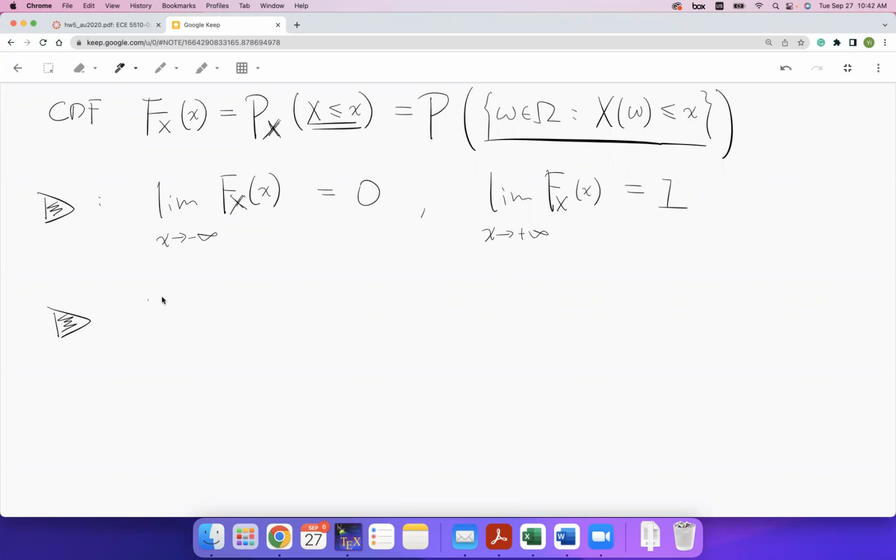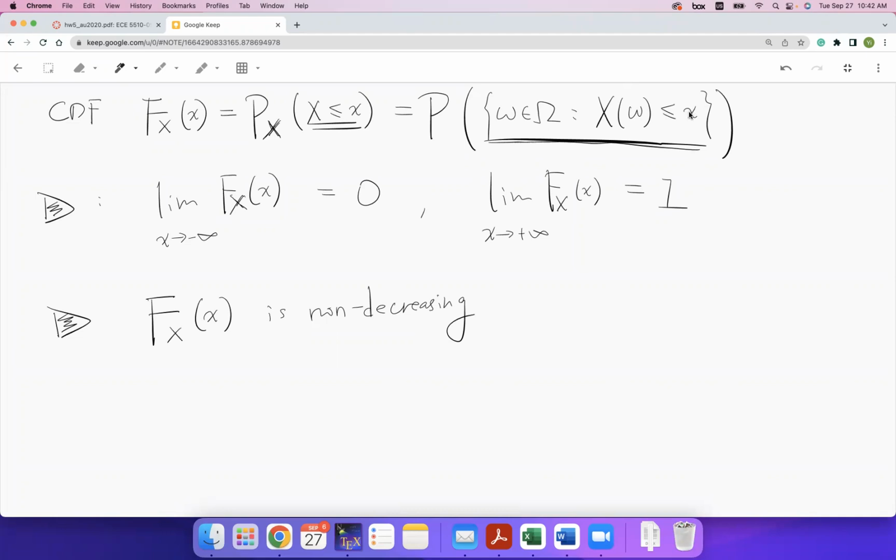The second property says that this CDF function is non-decreasing. This is because this event is defined via an inequality: we have a threshold, and the random variable must be less than or equal to x.